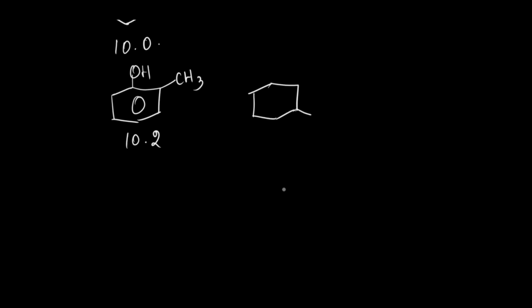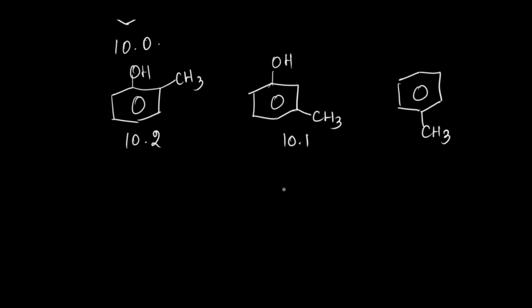Metacresol, the pKa value is 10.1, and paracresol, pKa value is again 10.2. So they will not ask you the pKa value directly, but they may ask you the acidic strength. So that's why I'm giving you the pKa values as well.